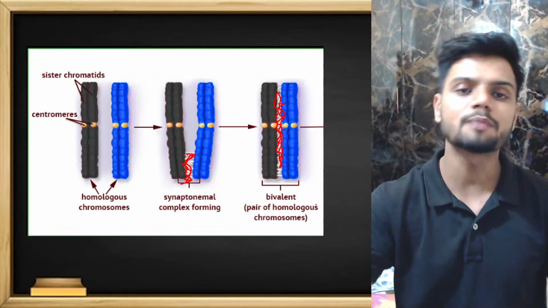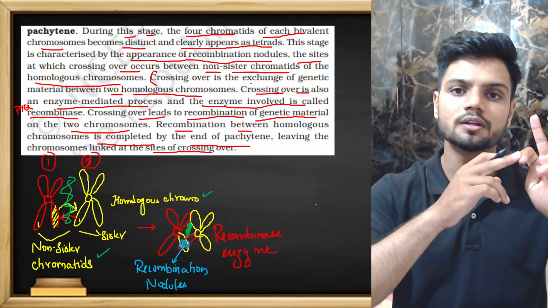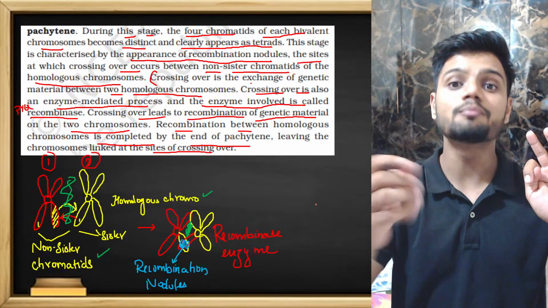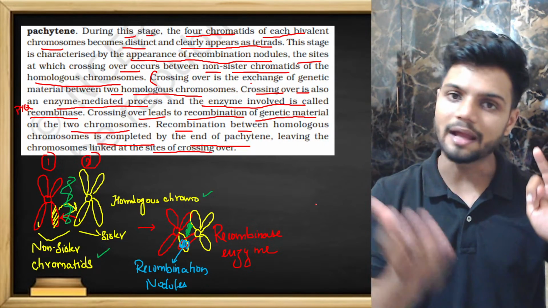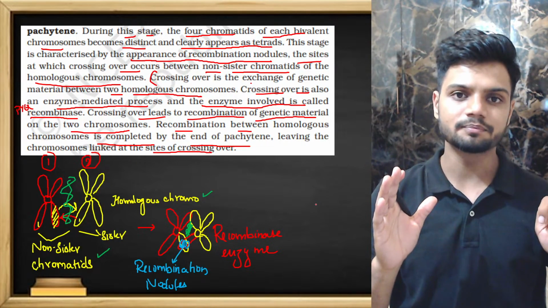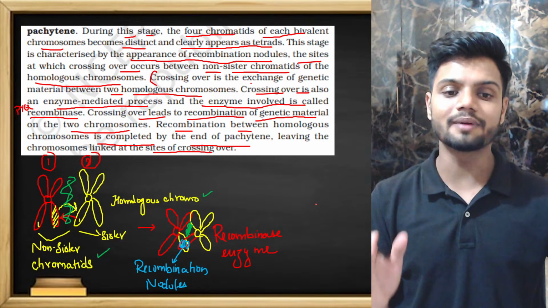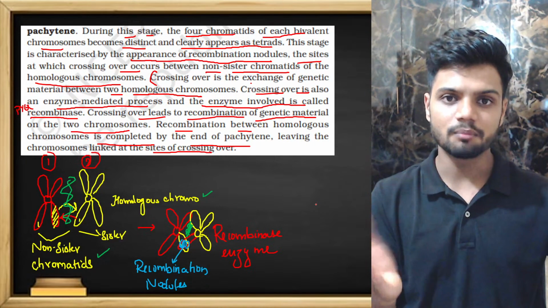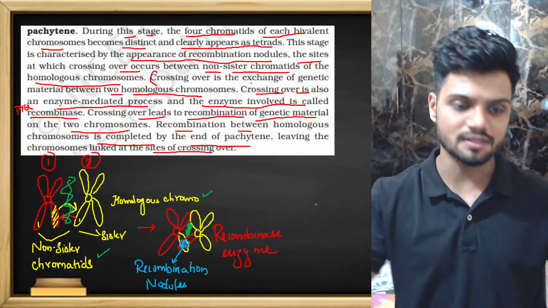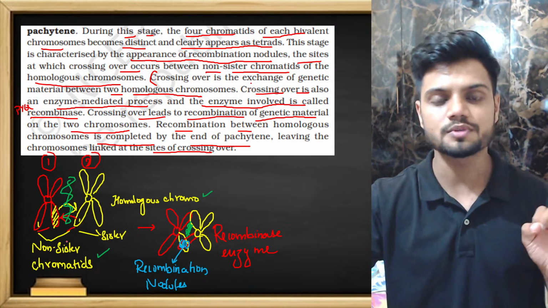It is pachytene. What is happening in pachytene? There are four main points. The first point is that the bivalent or tetrad are more clearly visible now. Second point is crossing over. What is crossing over? Exchange of genetic material between non-sister chromatids of homologous chromosomes.